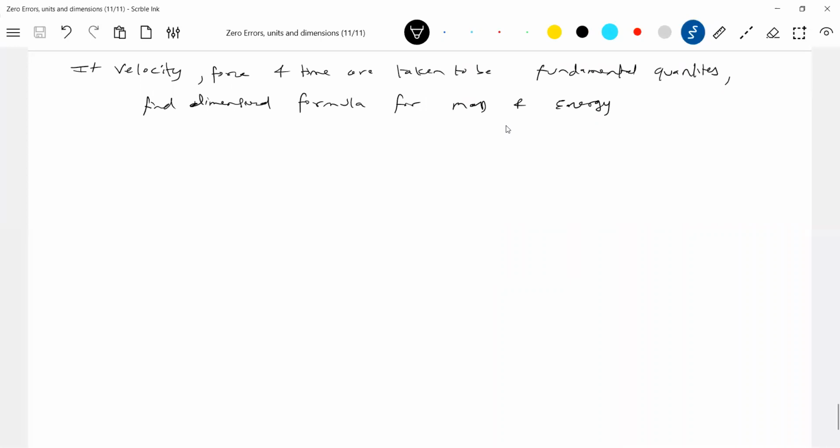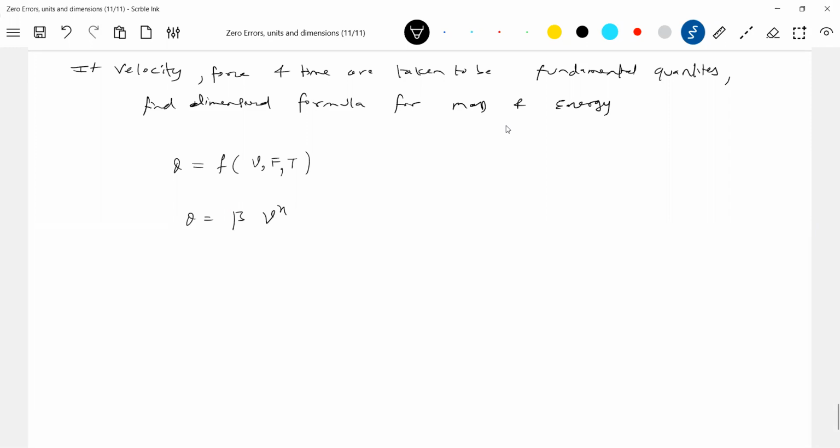How to proceed here now? Let the quantity be Q. This quantity will be a function of velocity, force, and time. Capital V again will become volume, so I'll put it here. This will be some alpha, and K again you get confused with, so I'll write some beta.